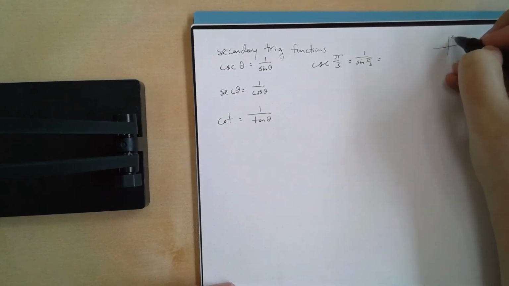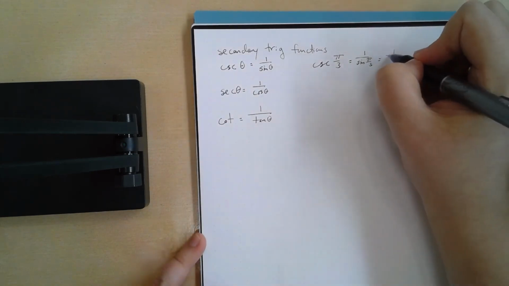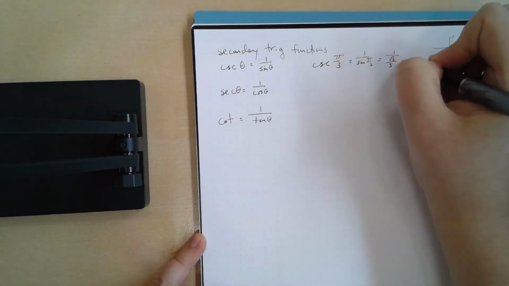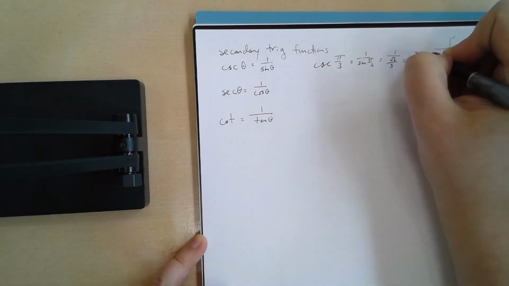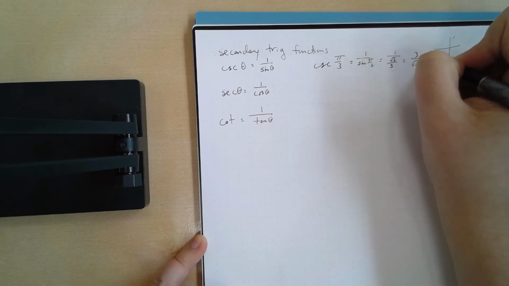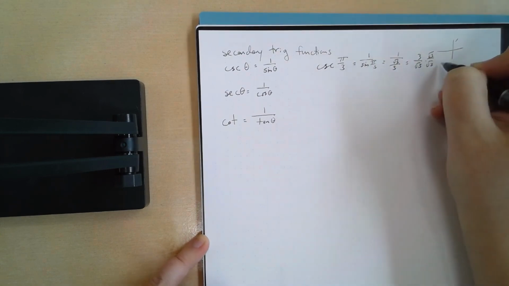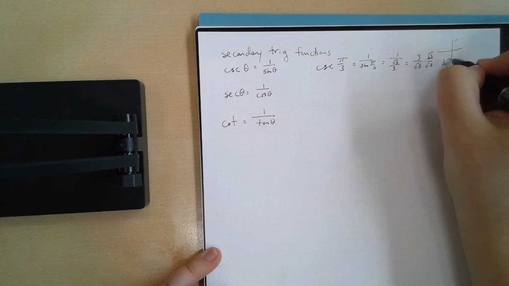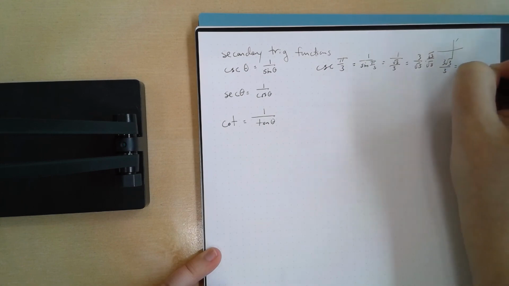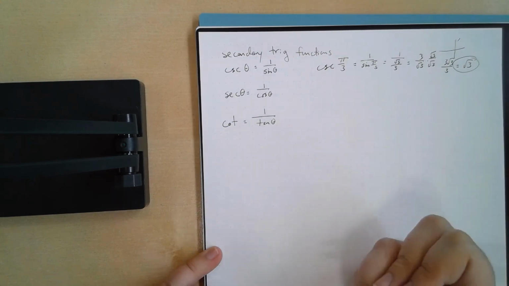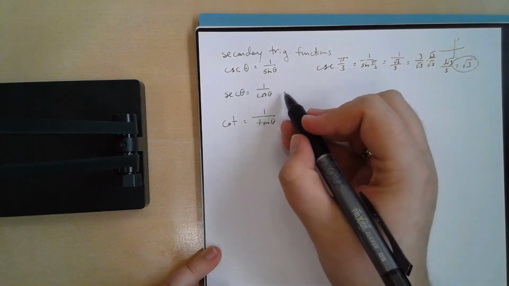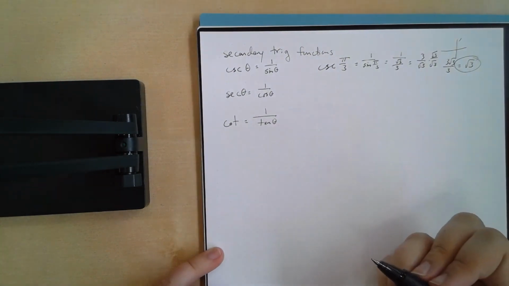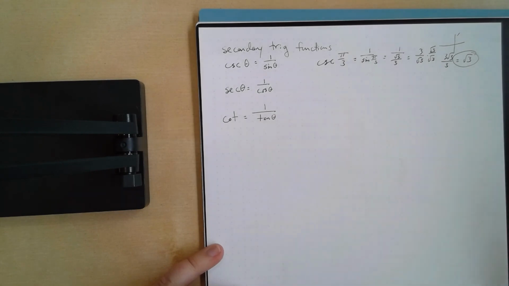Sine, that's our tall one, so we're going to have 1 over radical 3 over 2, which is equal to 2 over radical 3, multiply out, and we're going to get 2 radical 3 over 3. We could do the exact same for secant and cotangent, but that's really all there is to simplifying and finding these values.